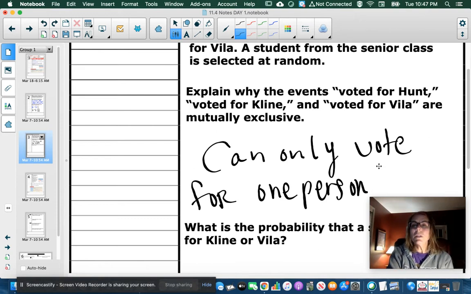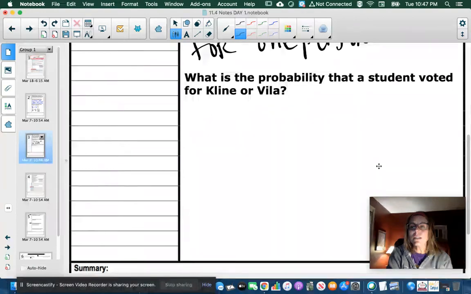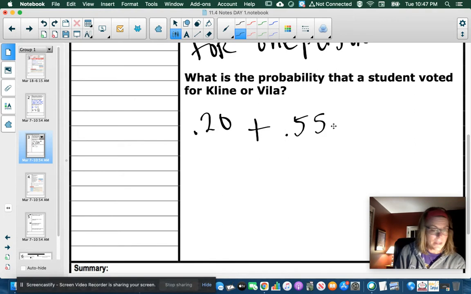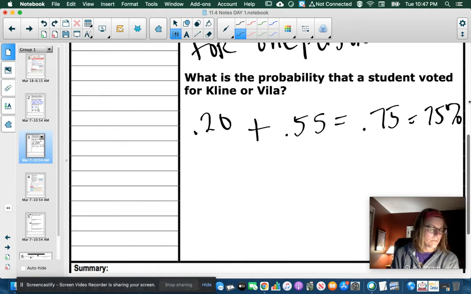What is the probability that a student voted for Klein or Vila? Well, 20% voted for Klein. How many voted for Vila? 55%. Add these two together, you get 0.75, which is the same as 75%.